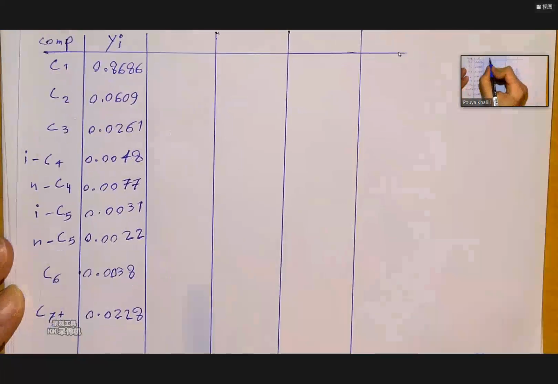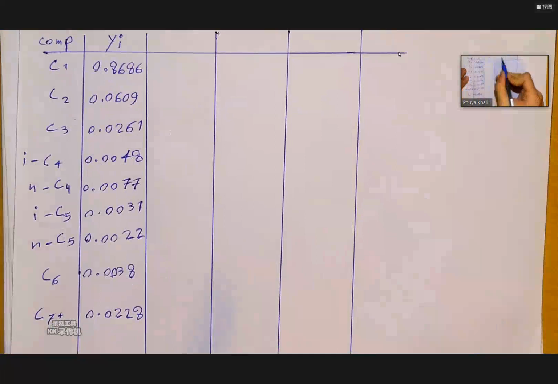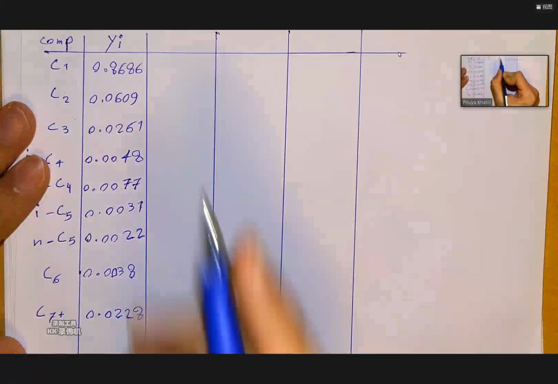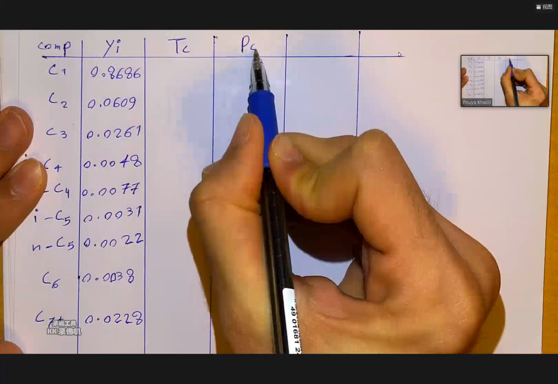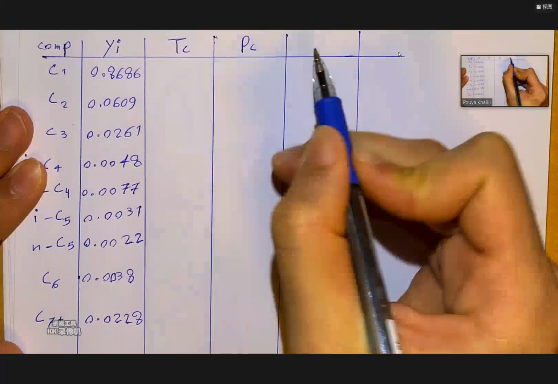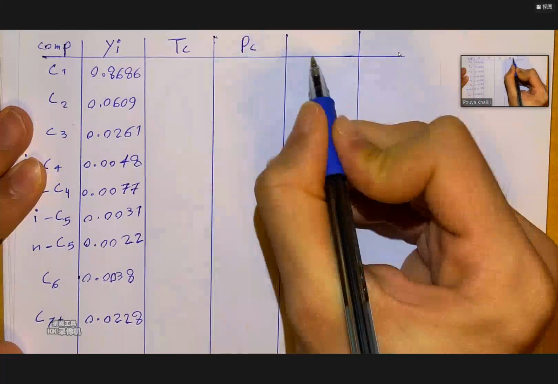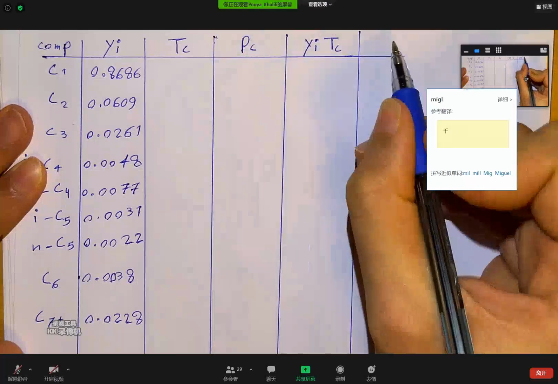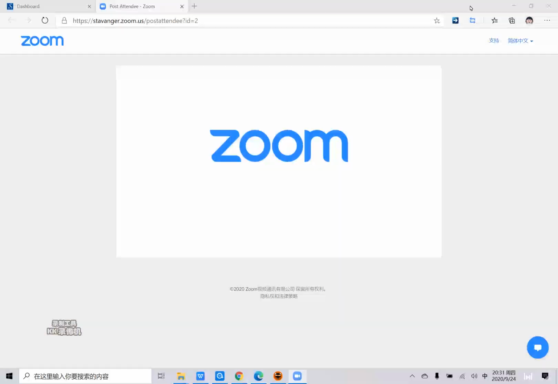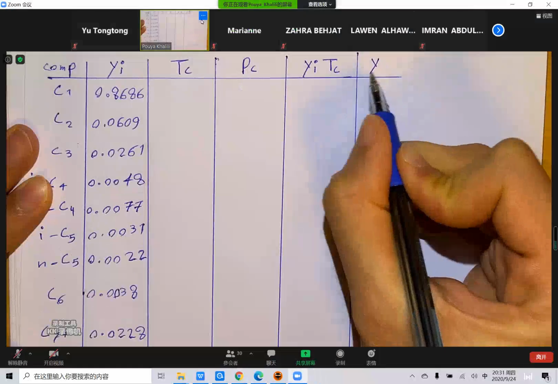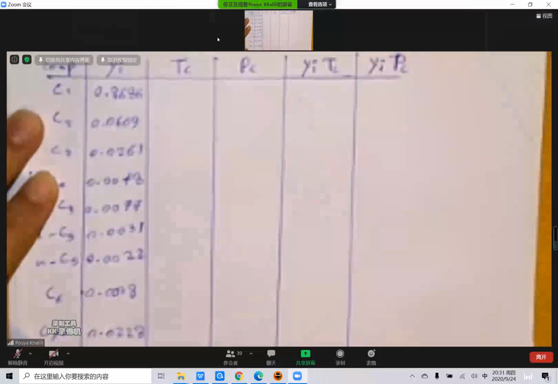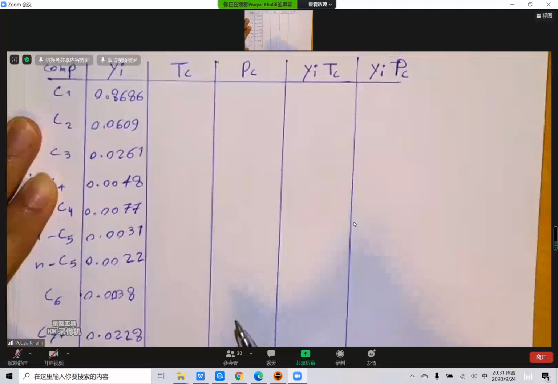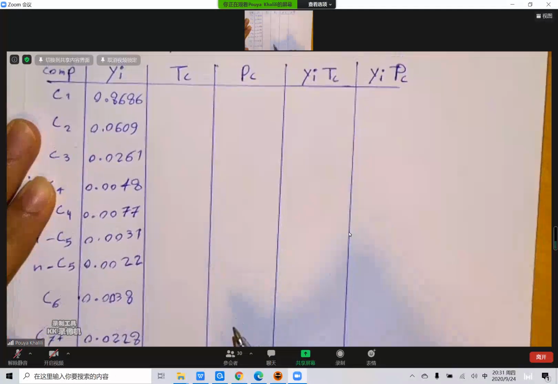So we need to find the critical temperature and the critical pressure. Here, the mole fraction is multiplied by the critical temperature, and here multiplied by the critical pressure. You use this to find your pseudo-critical pressure, and we use this for the pseudo-critical temperature.